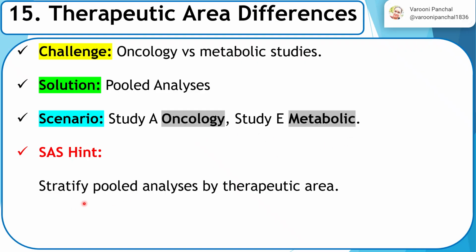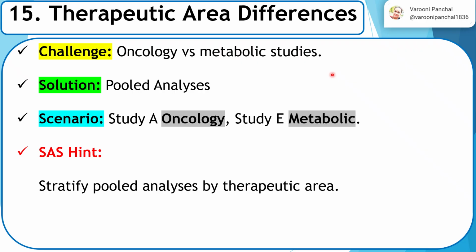So you need to combine these with pooled analysis, and you need to stratify all these analyses by therapeutic area. Let me give you the demographic example. The demographic of the cancer patient and the demographic of the diabetes patient, which is metabolic, are completely different. Oncology is cancer, and metabolic is related to diabetes.